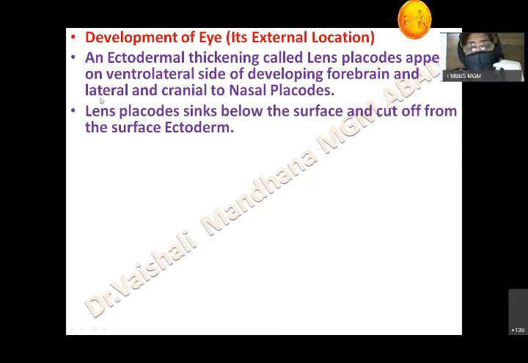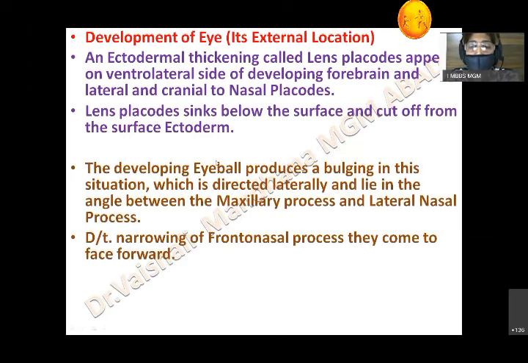The lens placodes sink below and they cut off from the surface ectoderm. It grows downward, so orbit formation is going on. And then the developing eyeball produces a bulging in this situation, and it is directed laterally and lies in the angle between the maxillary process and the lateral nasal process.